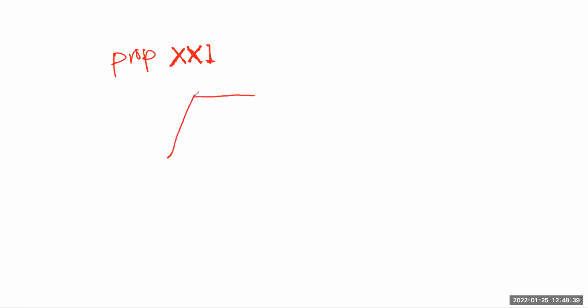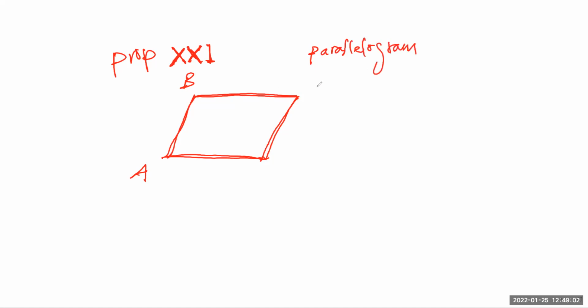So this proposition said that if you have a parallelogram, which means you have to meet all the definitions, and when you're trying to prove something, then you have to go back based on your definition. So we have a parallelogram, so that's given. And we're saying that if you divide the parallelogram, so you connect AC, then you get two congruent triangles.